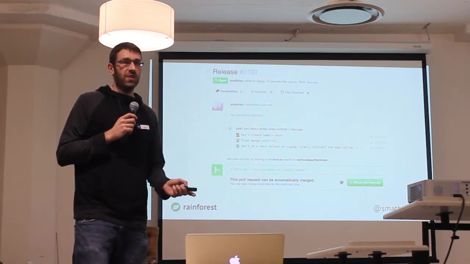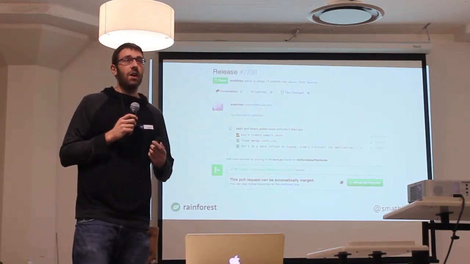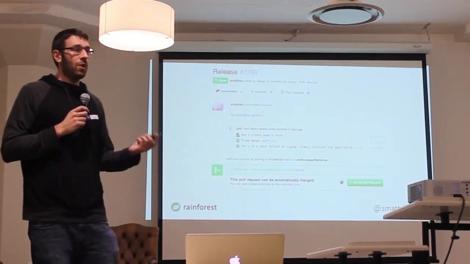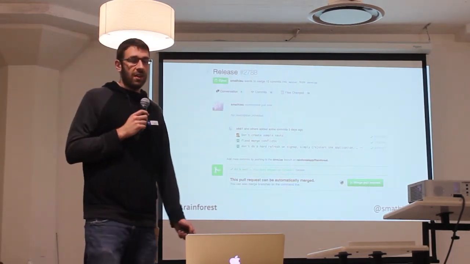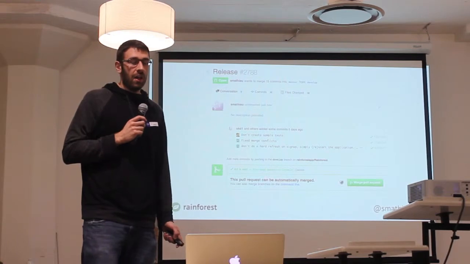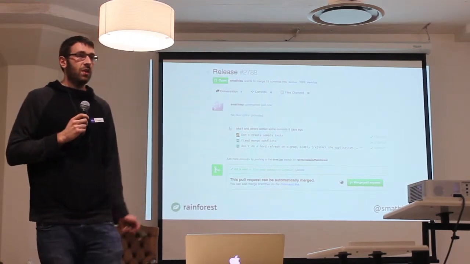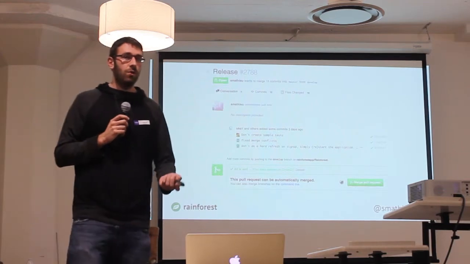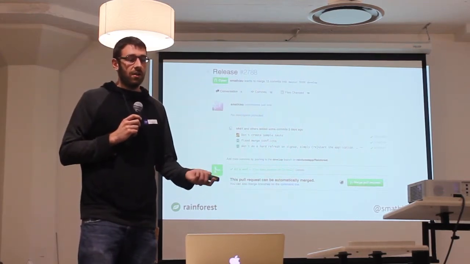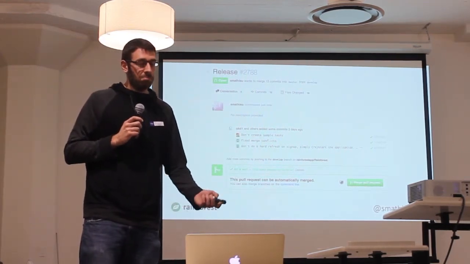Just a push is not the best way to announce to your team that you're deploying. Pull requests are seen by everyone. It's easy to add text to them, and it's easy to integrate with third-party services like HipChat, so you get a notification in your room and everybody knows about it. It's very easy, just do it.